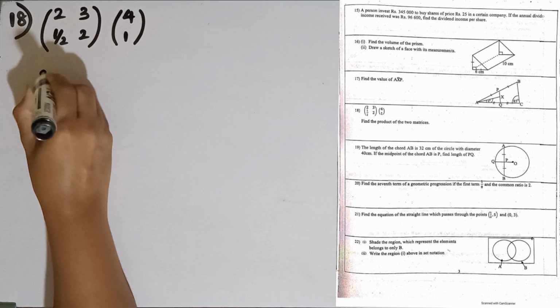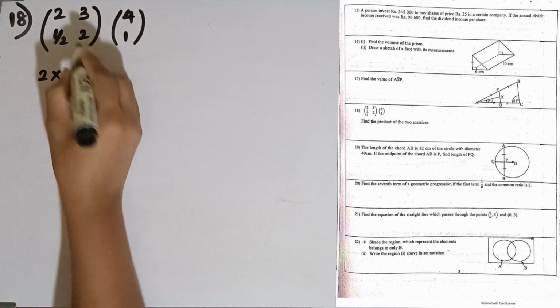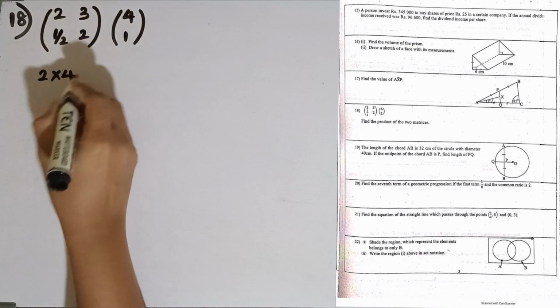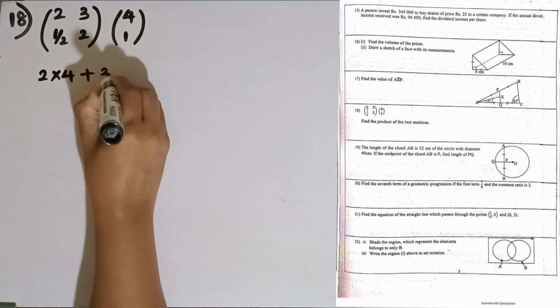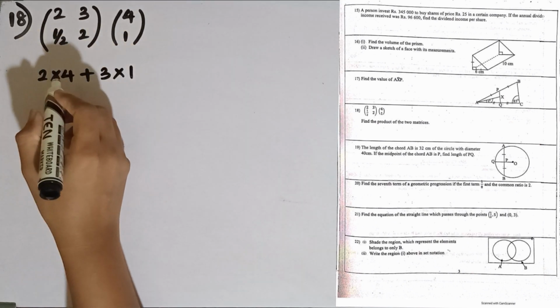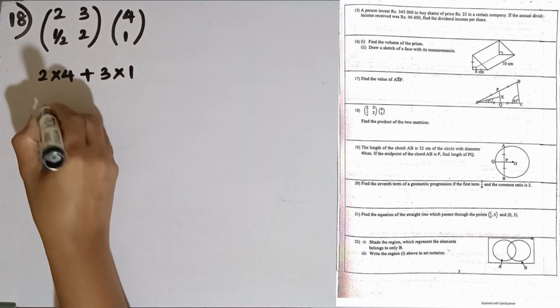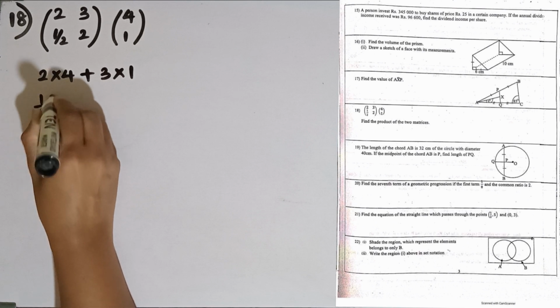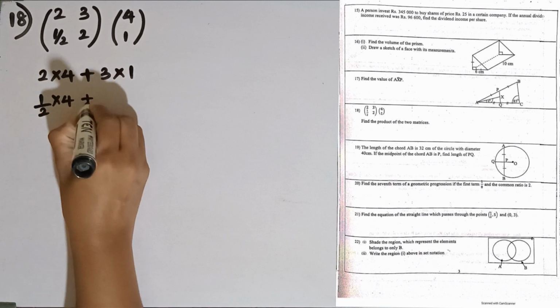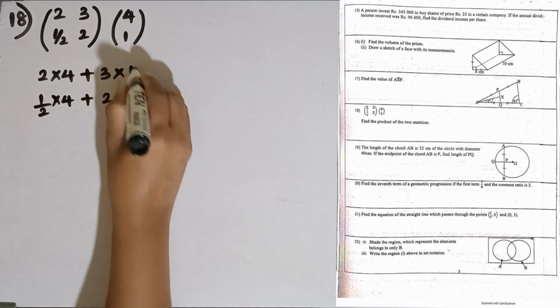Then 2 multiplied by 4. We have to multiply each element, corresponding elements. Plus 3 multiplied by 1. Then this row with this column. Half multiplied by 4 plus 2 multiplied by 1.